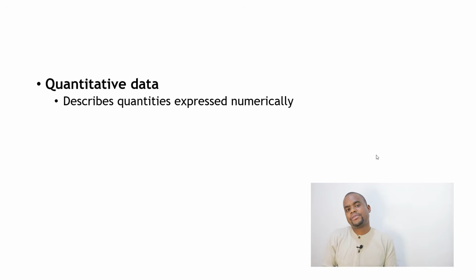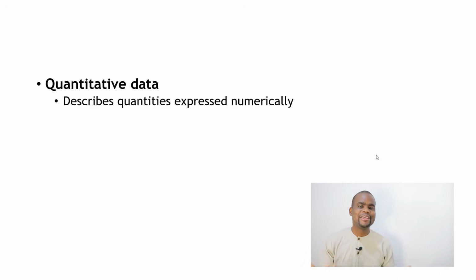So for example, if I ask you how old you are, you're going to give me your age in terms of numbers. So you're going to tell me that you're probably 20 years of age or 30 years of age. So that 30 there is a quantity of time. But it can also be, for example, what's the distance from your home to your nearest borehole? Or how many people are in the same room that you're watching this lesson?